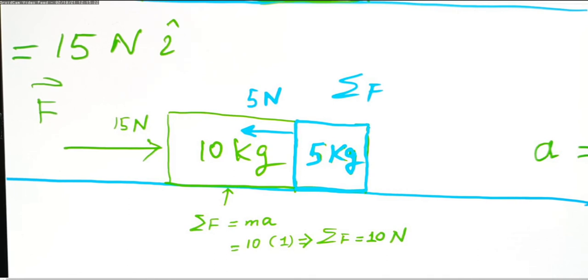Because Newton's second law for the green block says that the net force on the green block must be equal to ma. We know the mass is 10, and we know for sure that the acceleration is 1. So the 10 kilogram green object feels that it is receiving 10 Newton only. But we are sure that we're putting 15 Newton from left to right. That means the green object must receive 5 Newton from right to left.